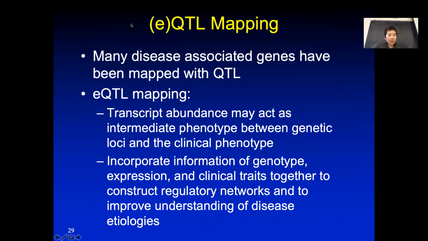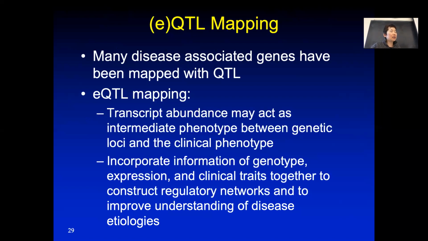Basically, many disease-associated genes have been mapped with QTL. So these are really linked to a phenotype. But with eQTL mapping, we don't know whether the expression level is related to a disease, but at least we observe the expression differences on a particular gene.